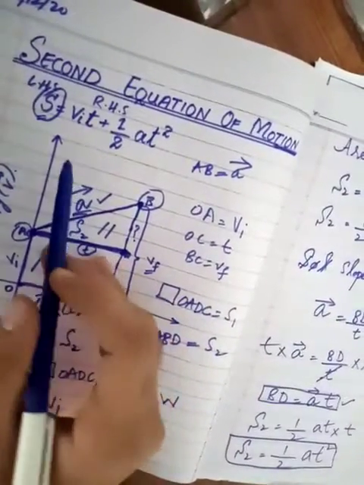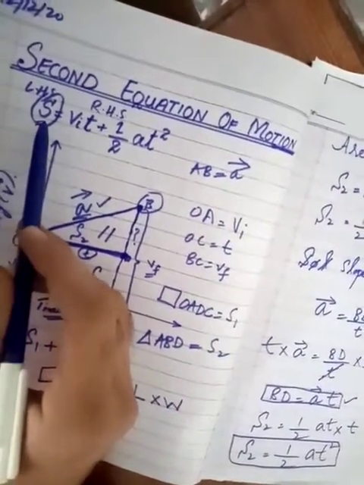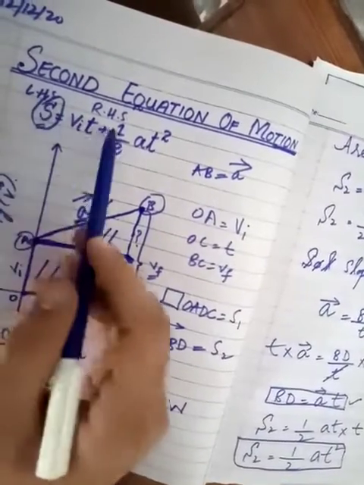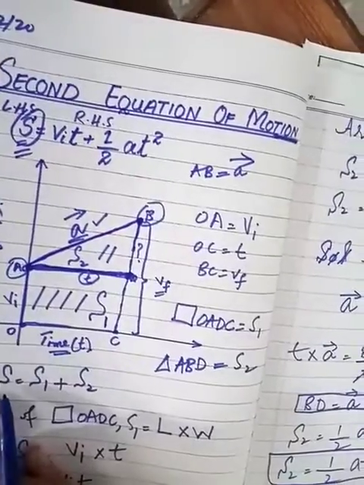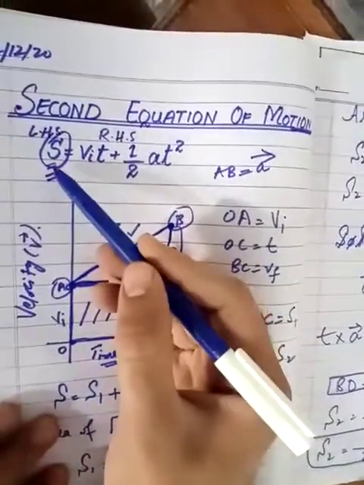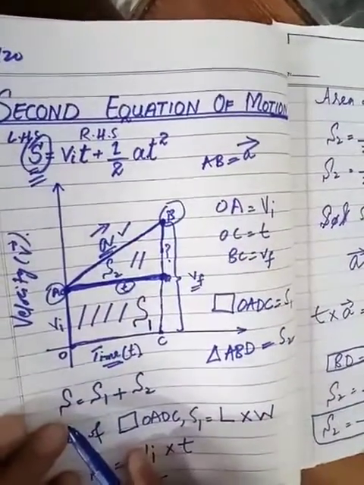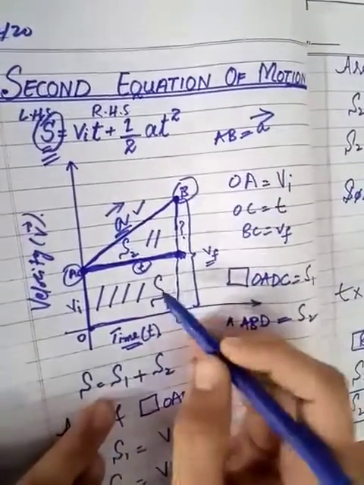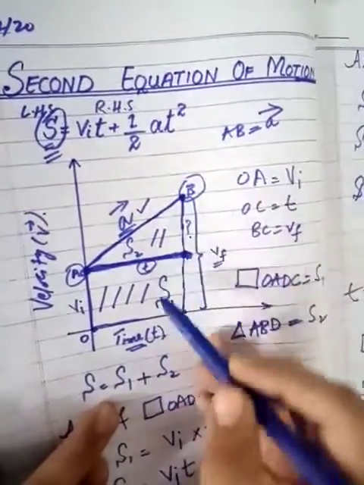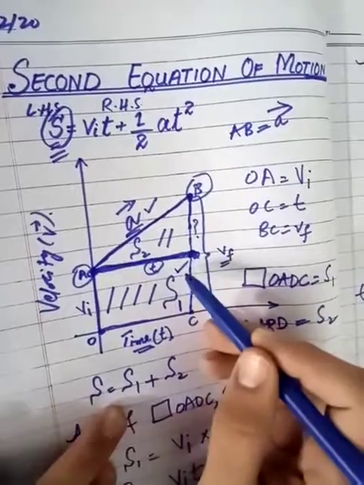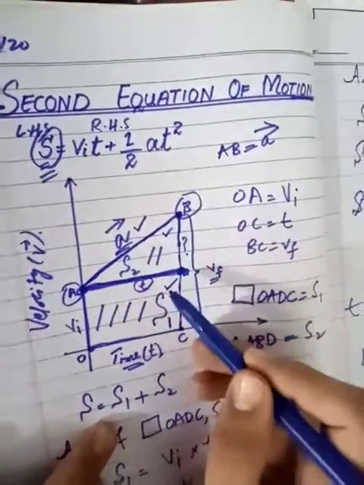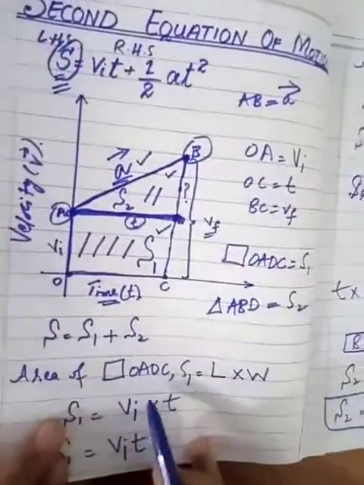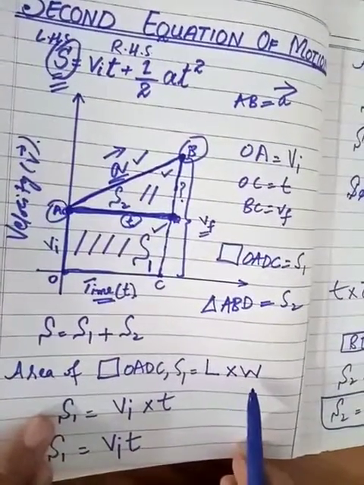Similarly, to find this equation, we have divided the equation into left hand side and right hand side. We started with the left hand side, that is S is equal to. The left hand side of the equation is S, so we started with S. To derive this equation, we used the area of the rectangle, and secondly the area of the triangle. The area of the rectangle is found by length multiplied by width.